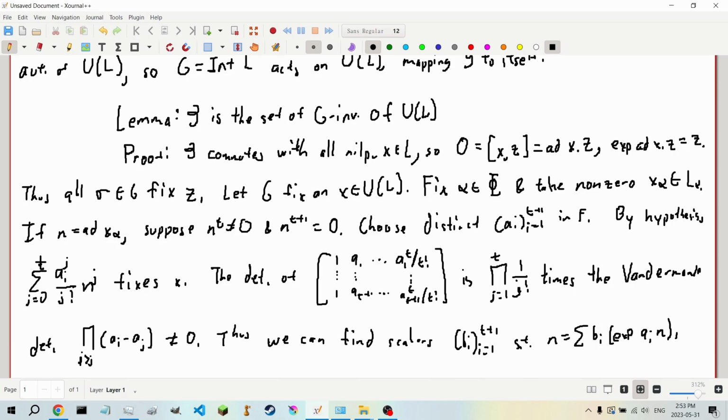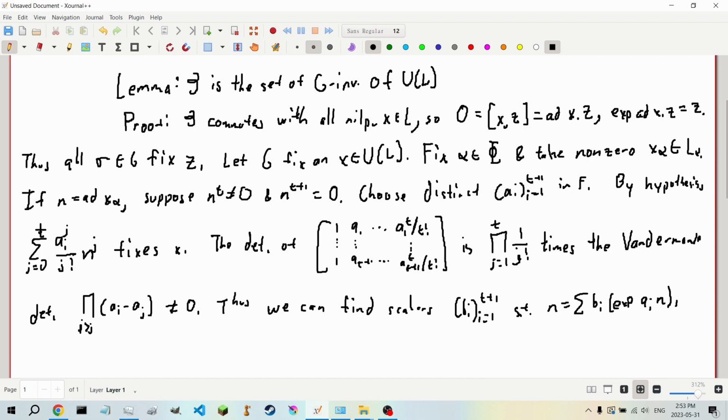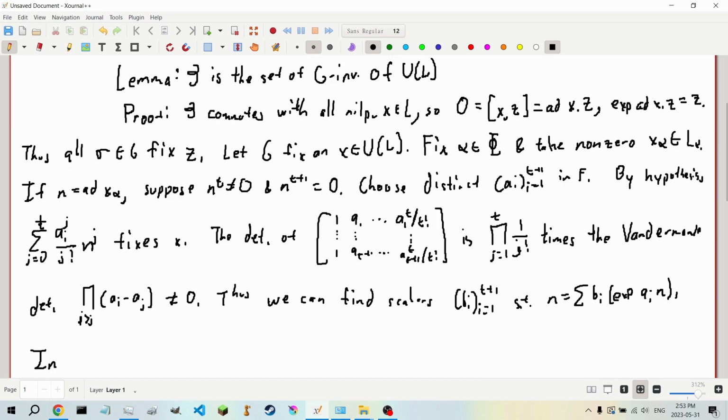So in particular, the adjoint of x alpha on x is the sum of bi times the exponential of ai times the adjoint of x alpha on x, which is the sum of the bi on x.